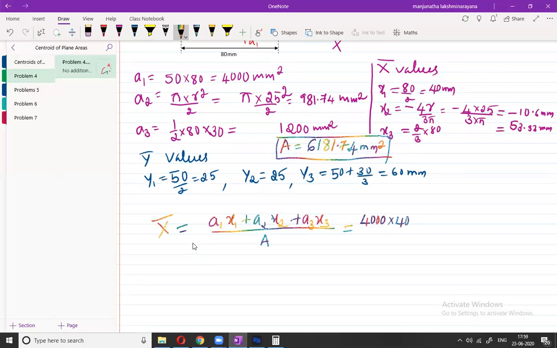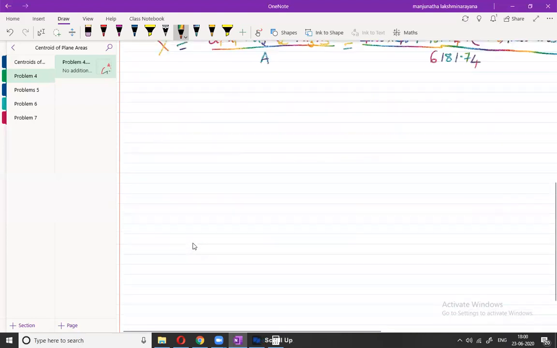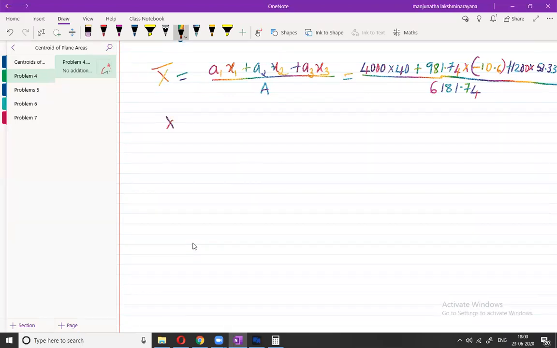Next, plus area A2, 981.74 into x2, which is negative, minus 10.6 mm, then plus A3, 1200, into x3, which is 53.33, divided by the total area A, 6181.74.